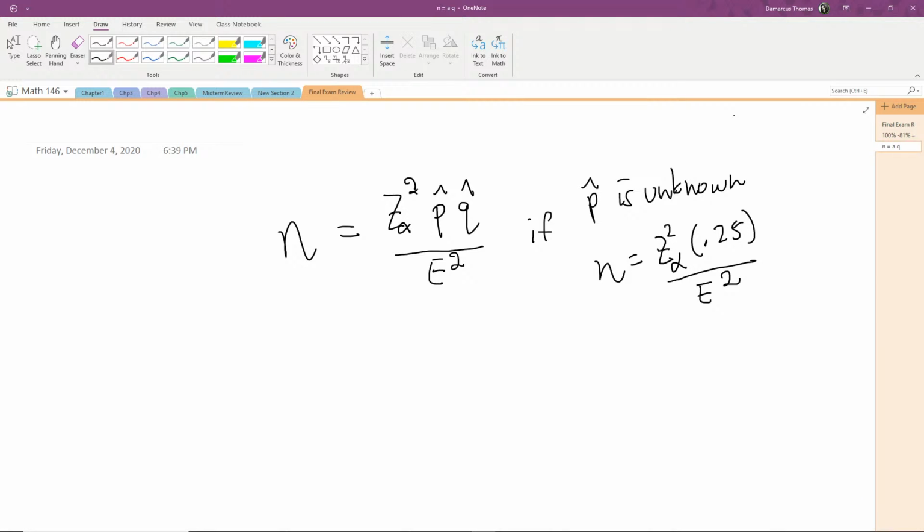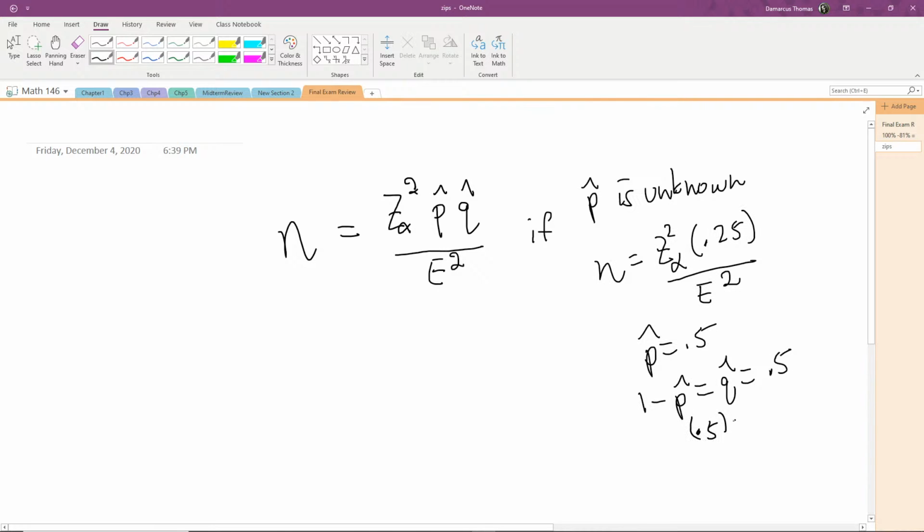And that's just assuming what they're doing there is they're just letting P hat be 0.5. And then 1 minus P hat is Q hat, which is also 0.5. And the 0.5 times the 0.5 makes 0.25. And that's what's happening inside our formula. Now, let's make sure we have the right critical value for this problem.